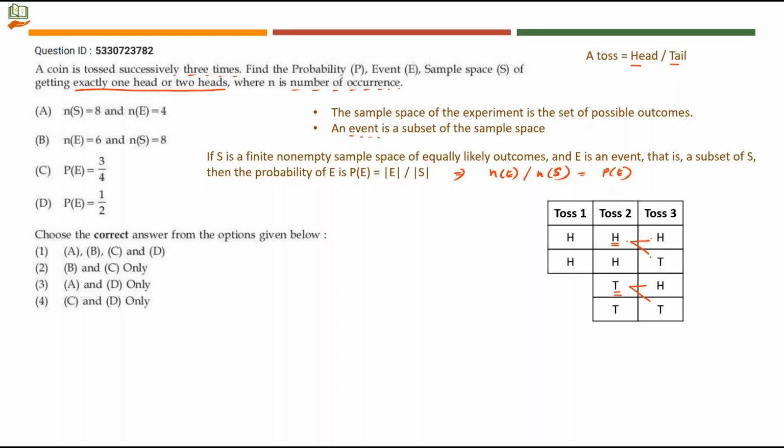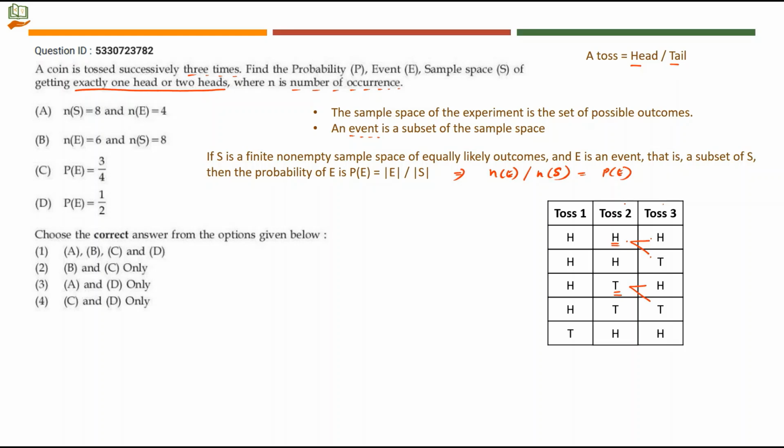For which toss are we computing toss 2 and toss 3? For the head part of toss 1 we are computing this. So when we have head in toss 1, there are four possibilities available in toss 2 and toss 3. If you are used to the truth table formats of three variables, you can compare this to 0 and 1. Now for the tail part of toss 1, we have the same four combinations.